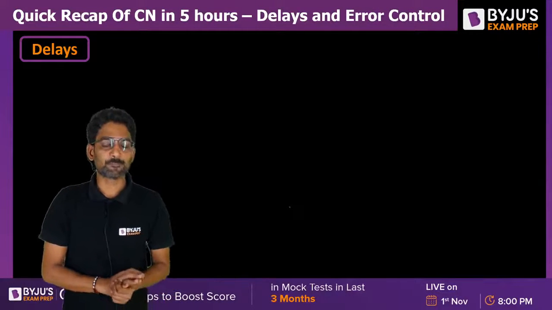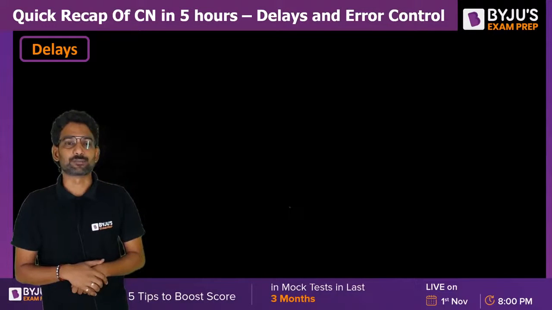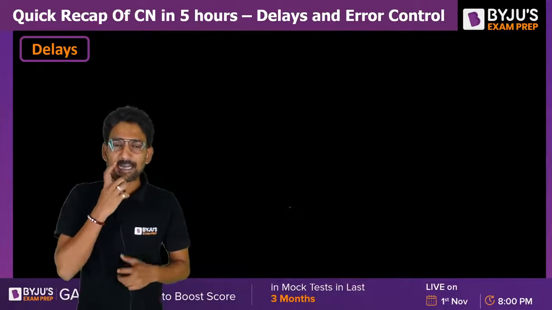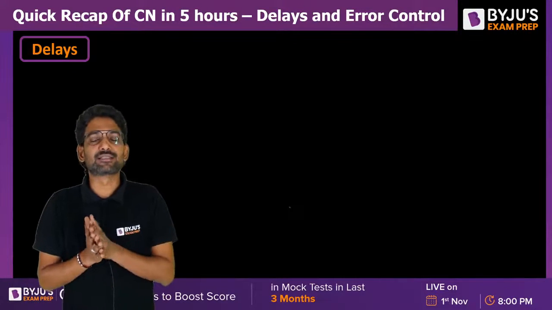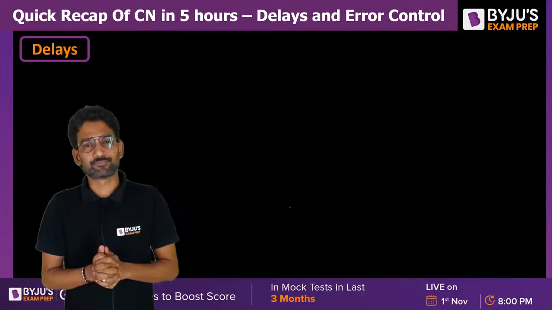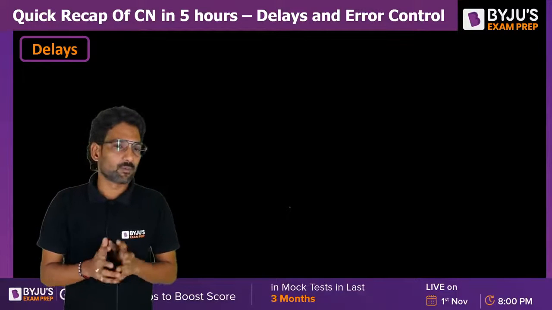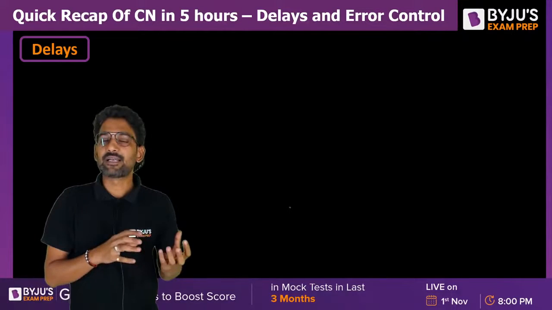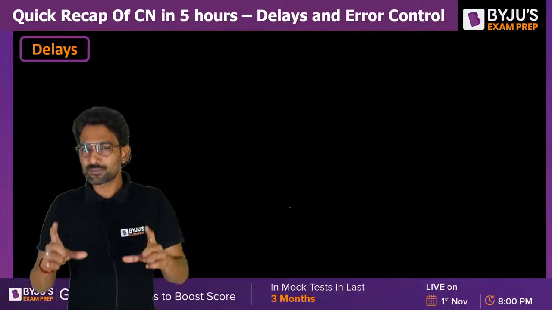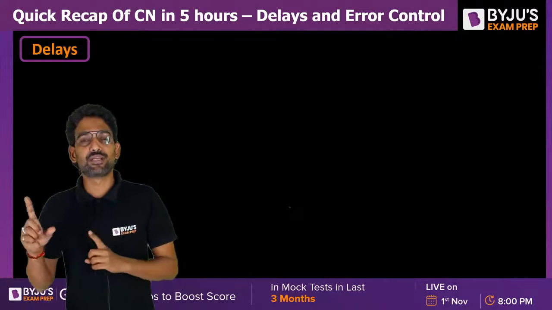Now guys, let us start the session. First of all, delay. What does delay mean? It is another term for time. When we say network, the main purpose of a network is communication.